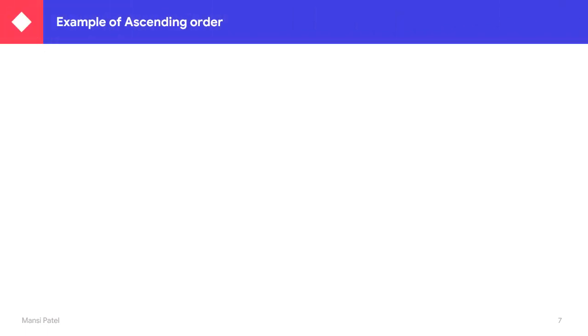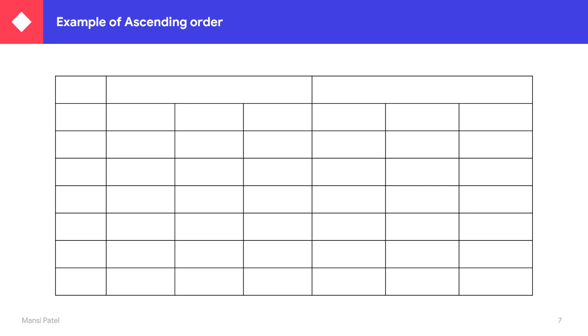Now some more examples of ascending order. See here, I am giving one table to you. In the first column you are getting three numbers and you have to arrange those three numbers in their ascending order. Number 1: 230, 203 and 213.